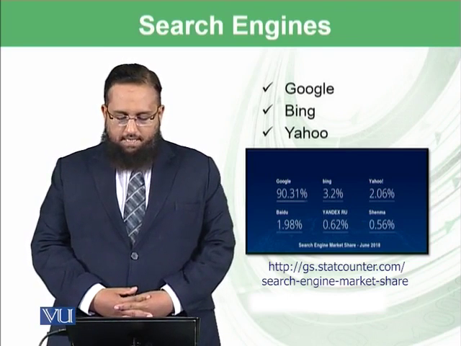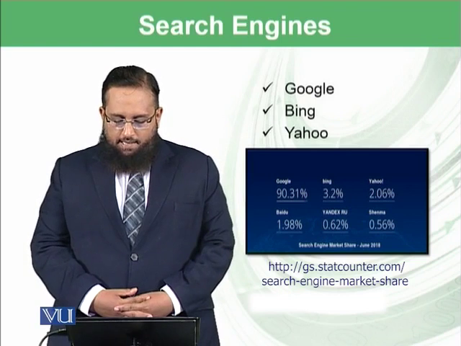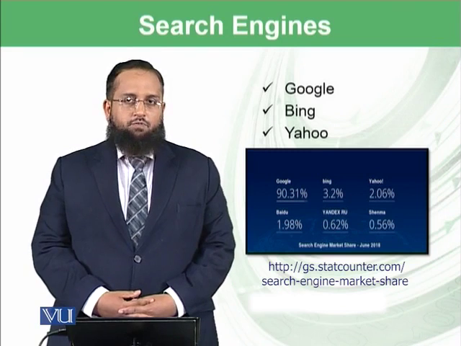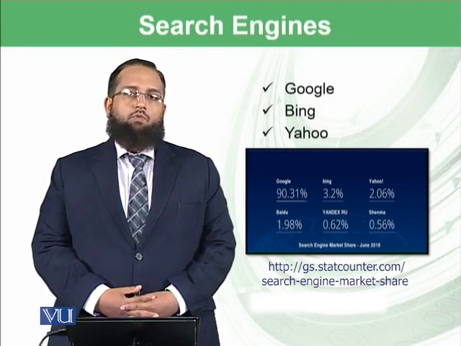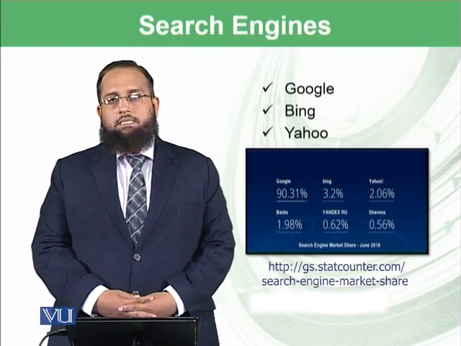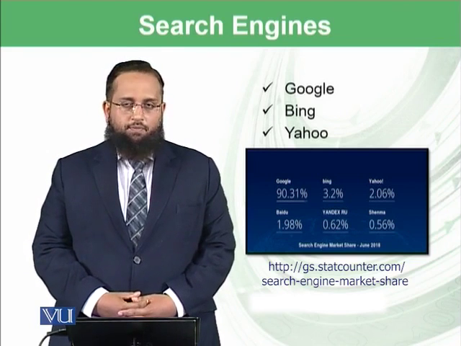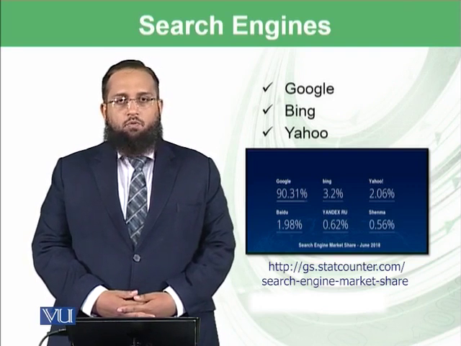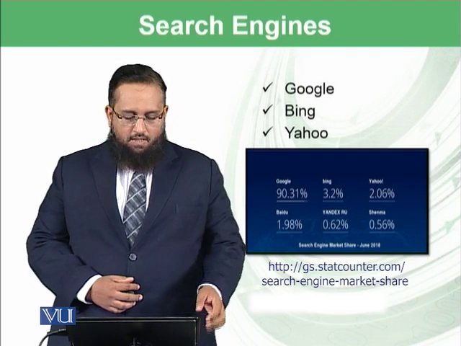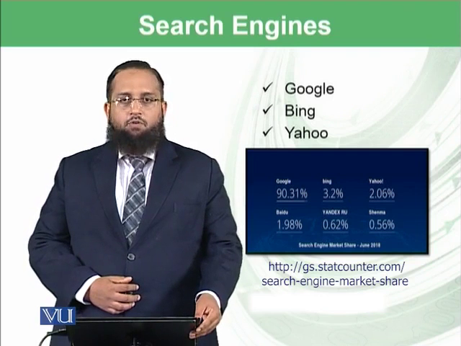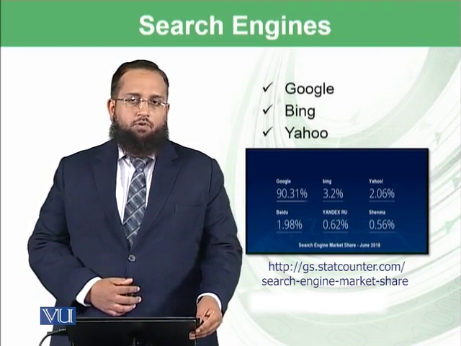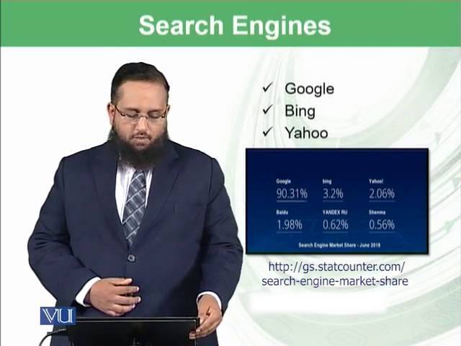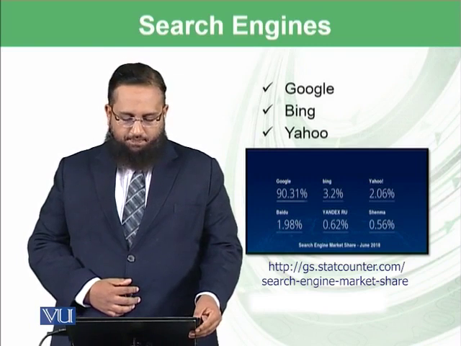But you can see in the diagram that Google has captured more than 90% of the market share, which means Google is being used by more than 90% of the users in the world. So which makes Google the best choice to explore for searching. But I am not restricting you to search on Bing or Yahoo. You can search on Bing and Yahoo as well to see the differences in the search results.